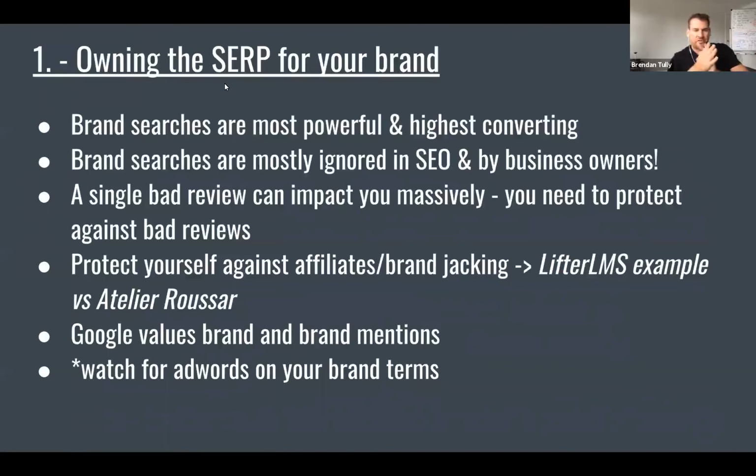It's also important to own the SERP, so you protect yourself against not only bad reviews, but things like brand jacking, competitors and affiliates claiming the SERP for your business name, and I'll give you an example in a second. And then Google values brand. So Google is really all about brand and brand names and brand mentions. So it's important that you're considering what that SERP looks like and what is in the search results for your brand, because Google thinks it's important.